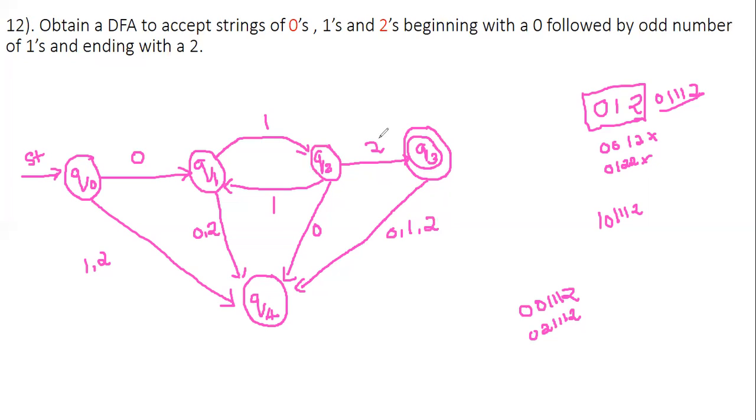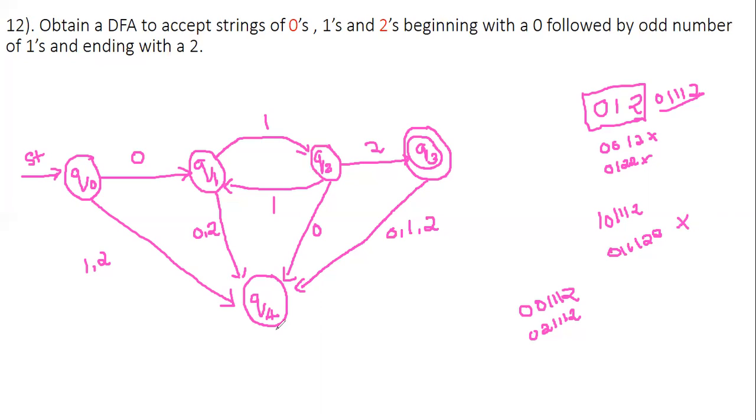Why? Because according to the condition, it should end with only 1, 2. That 2 is already handled by the transition Q2 to Q3. So if you are getting double 2 at last, like 0, triple 1, double 2, then according to this 2, you are entering the trap state because this will not be accepted by the DFA. Clear?